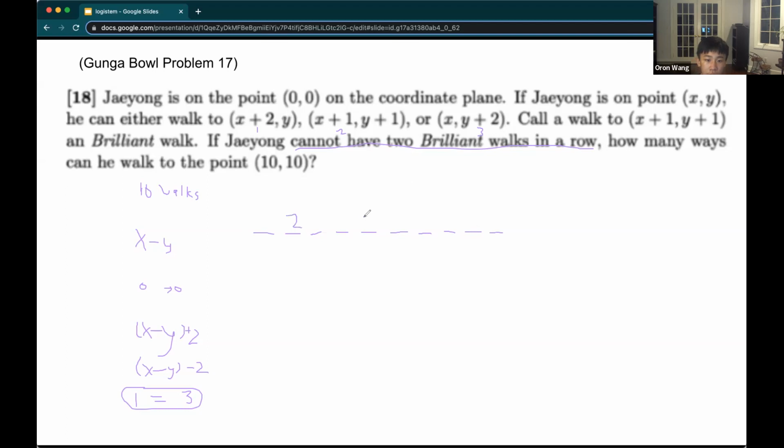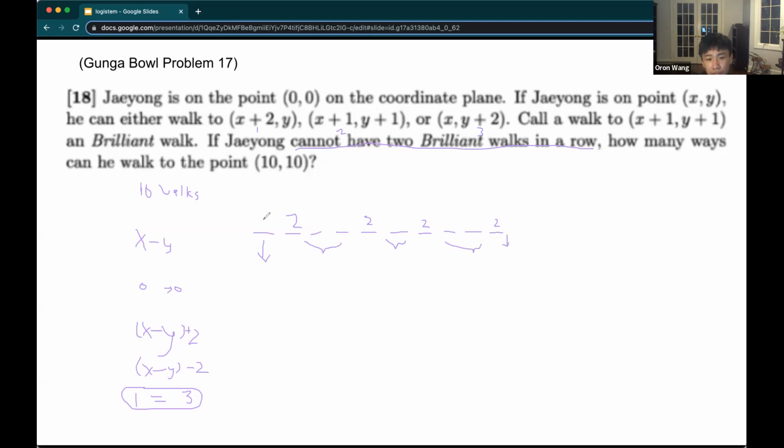Let's put the 2s in an arrangement like this, just an example. And we want to find how many arrangements of 2s we can do. The way to do this is to count the gaps. This is a gap, this is a gap, this is a gap, this is a gap, and technically there's another gap right at the end.